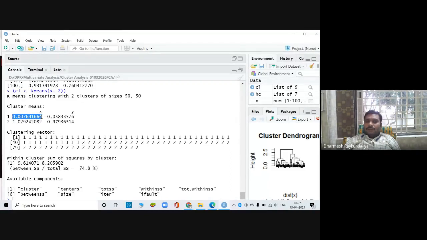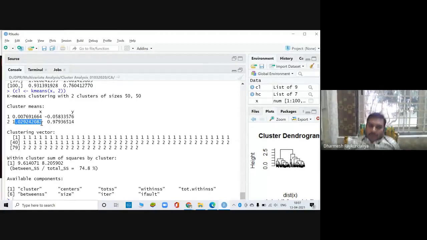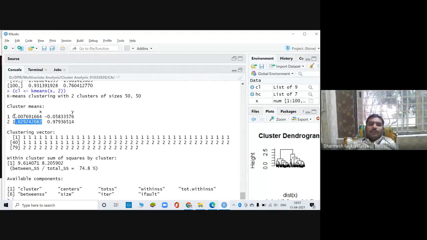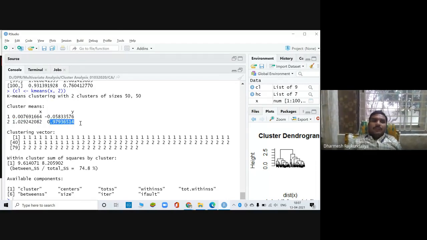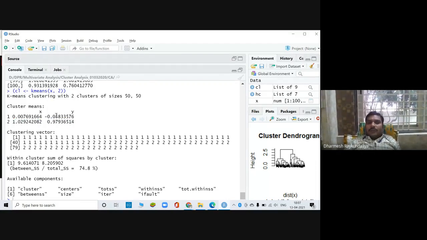It is 0.0. What is the mean of the second variable in cluster 1? It is 1 point something. As you know, I have taken 50 observations from mean 0 in column 1, and in column 2 50 observations which have mean 0. The rest I have rbind, 50 observations whose mean was 1, and here the mean is near 1. So you can see that.